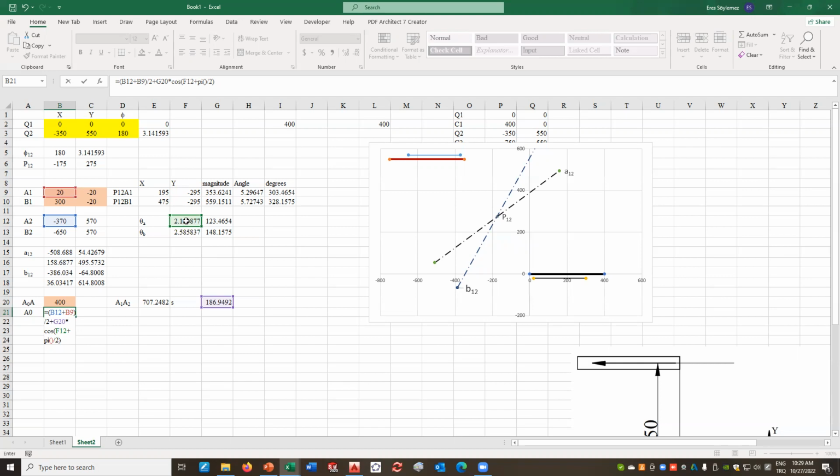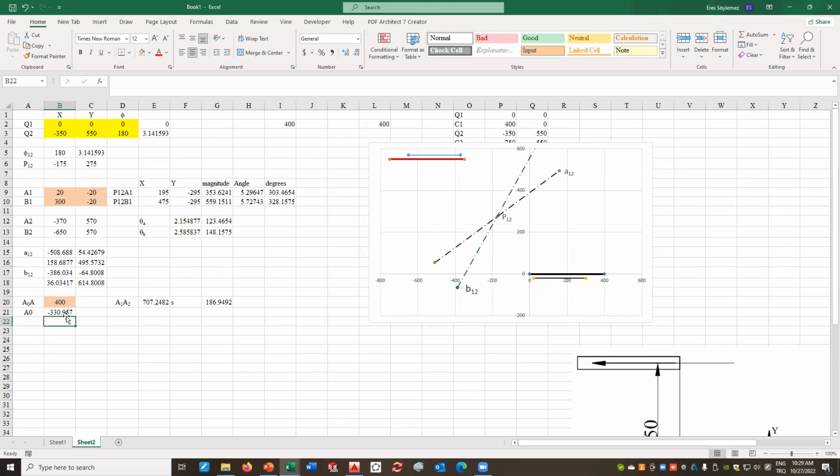It is the angle theta A, which A1A2 makes with the horizontal, plus pi over 2, because the perpendicular bisector is 90 degrees to A1A2. Correct? That gives me the x coordinate of A0.